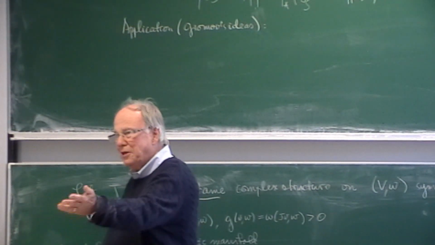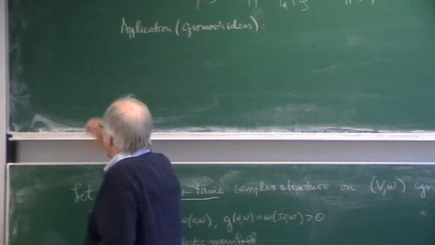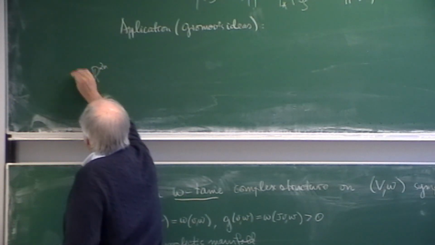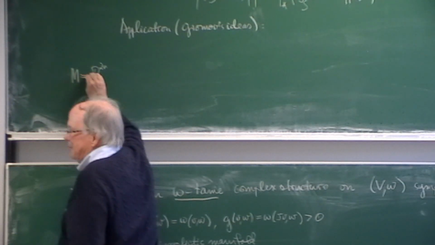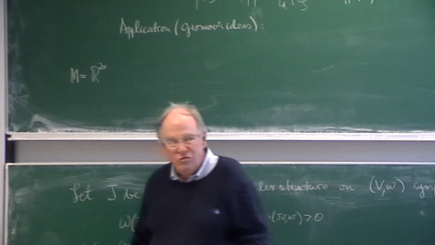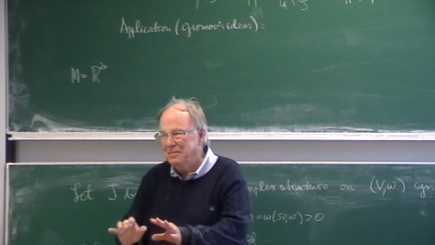Let's go back to anything you physics people would be happy with. Let's go to R2n. Here's the manifold. So all this fancy business, let's go to R2n. If you read the work of Gromov, you will see that he's thinking in very small terms.